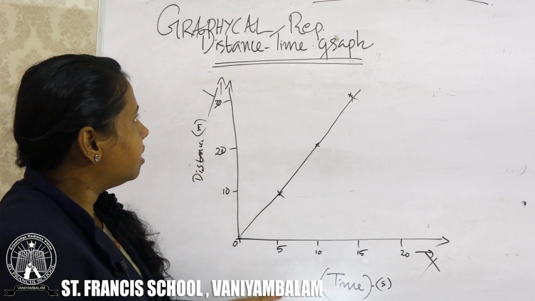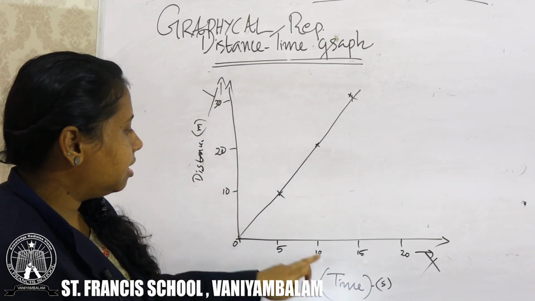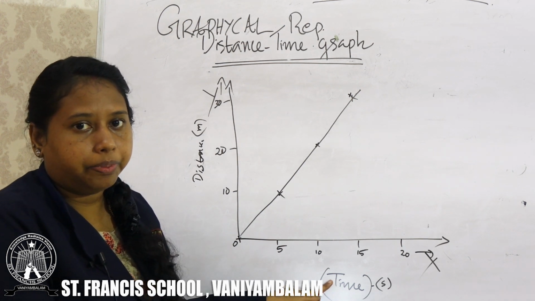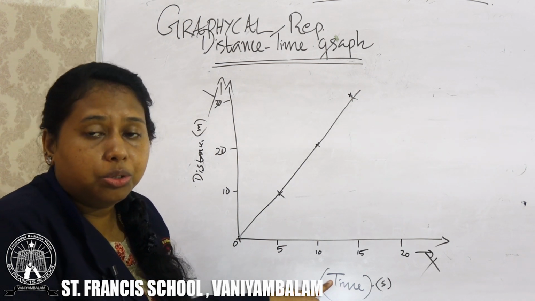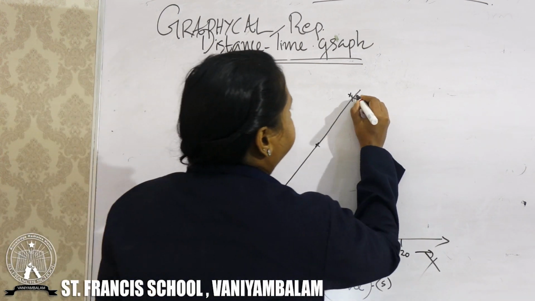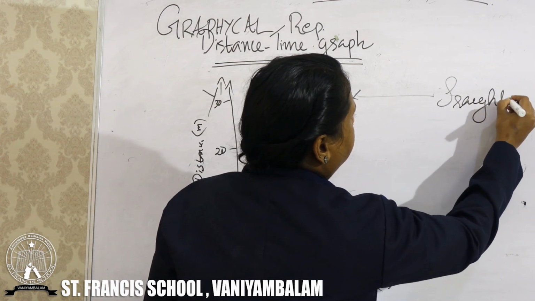So always we can say that the distance time graph of an object which is in uniform speed always gives a straight line.